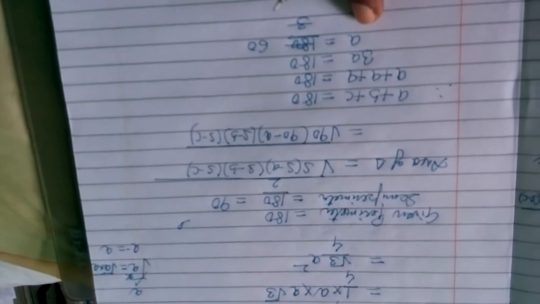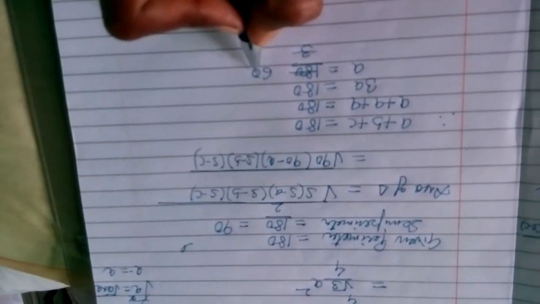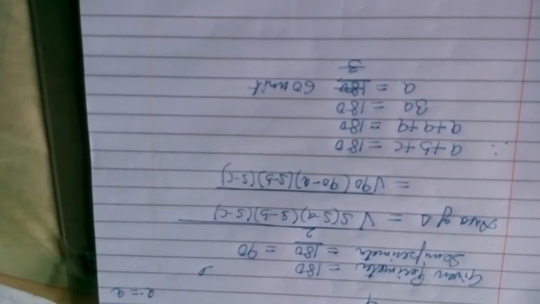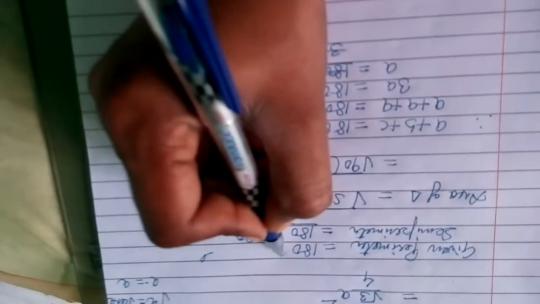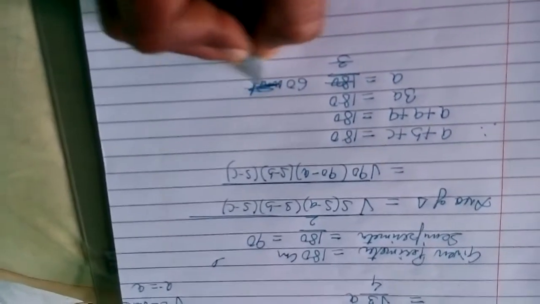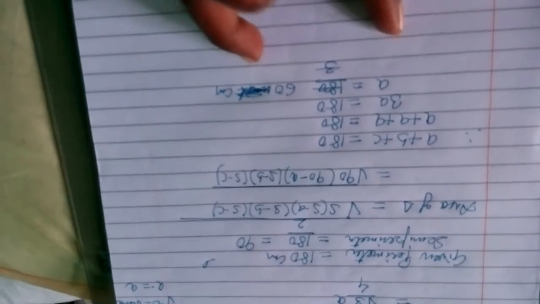So I got the value of a. A is a side here. So the length of one side is 60 unit, you can say. They have not mentioned the unit, okay, they have said centimeter, so this is centimeter, not unit. They have given the unit centimeter here. So I got the value of one side, and that is 60.